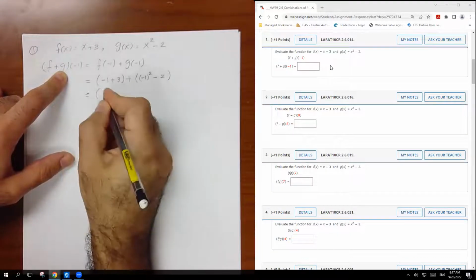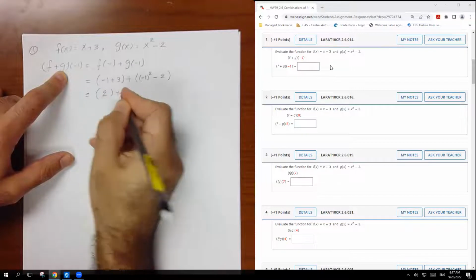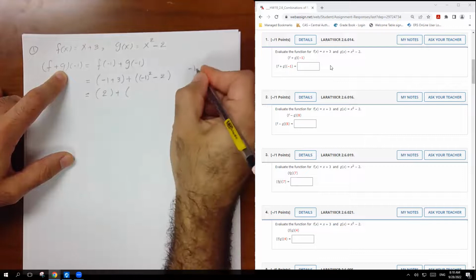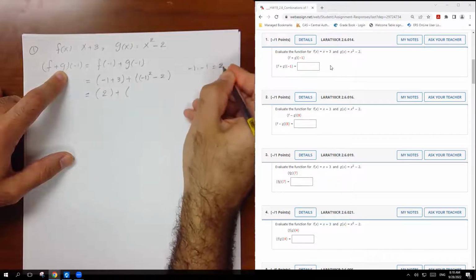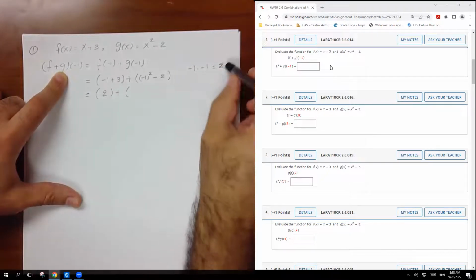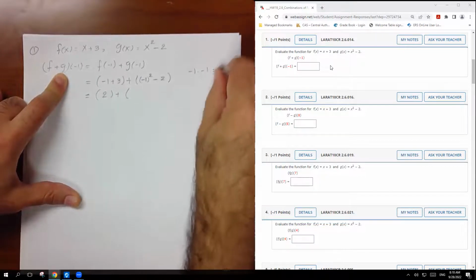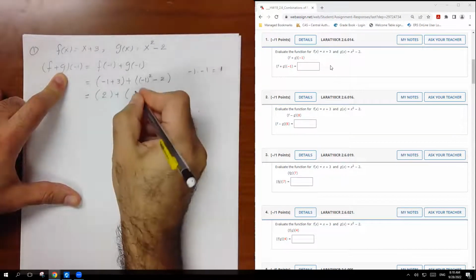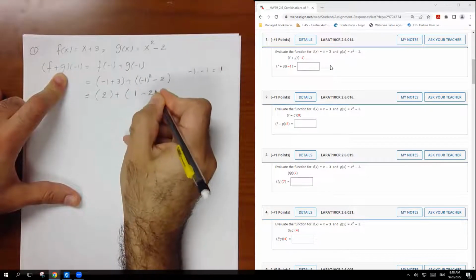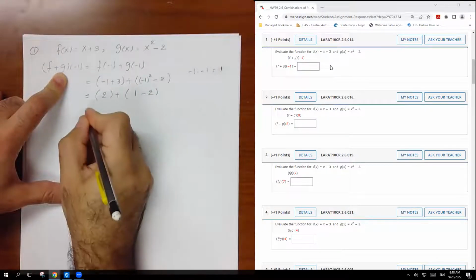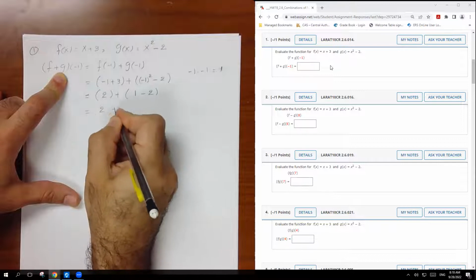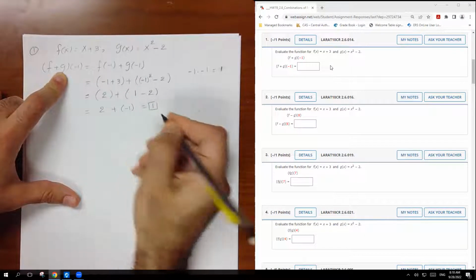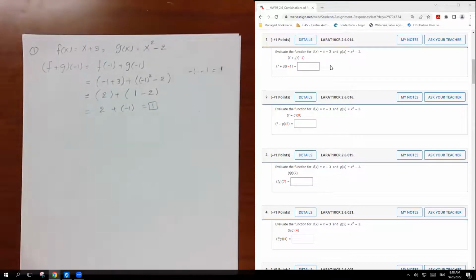So negative 1 and 3 gives 2, and negative 1 squared is negative 1 times negative 1, which is equal to 1. So this one is going to be 1 minus 2, which is negative 1. So 2 plus negative 1 is equal to 1. So the first solution is going to be 1.